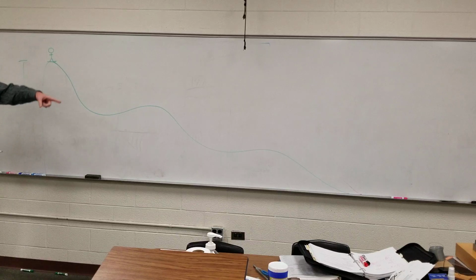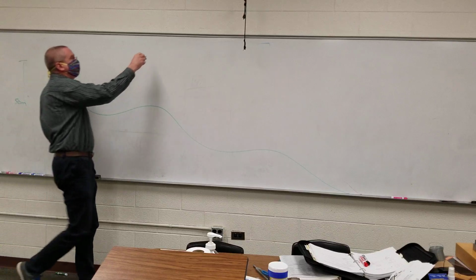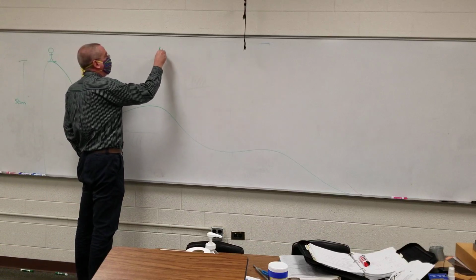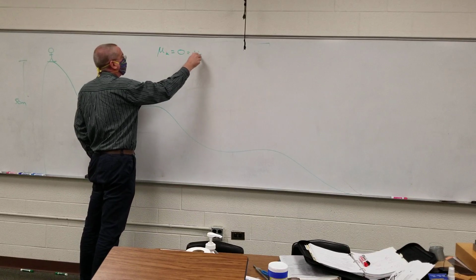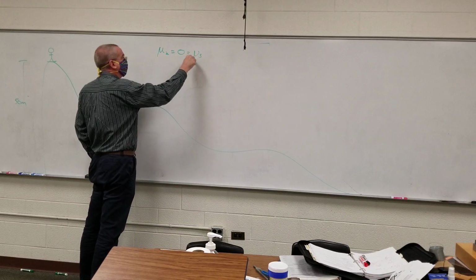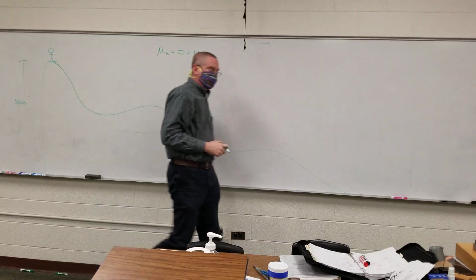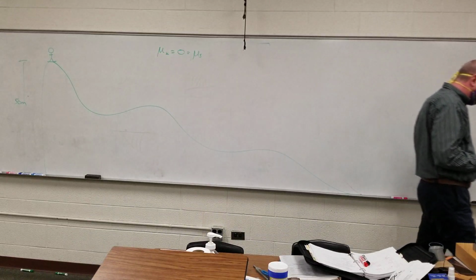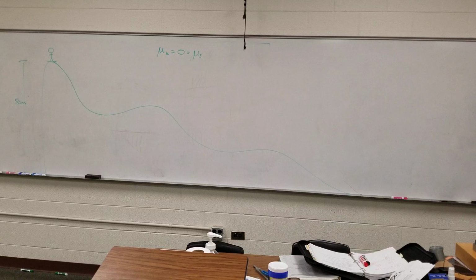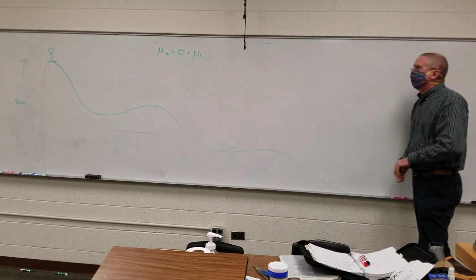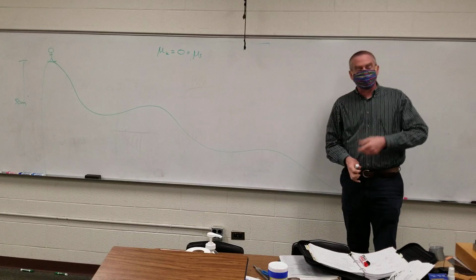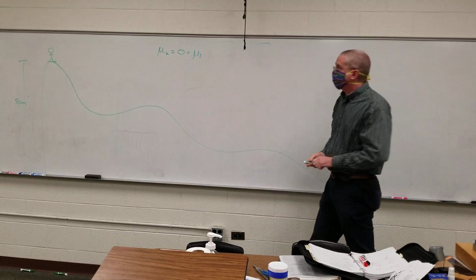I want to know how fast he's going down at the bottom. So I'm going to make it frictionless, thus the classic ski problem. Now technically there is some friction there, but we are ignoring it.